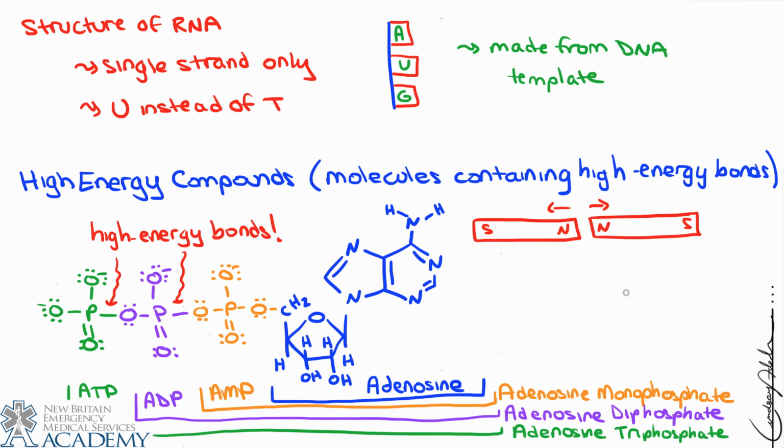So ATP is so important, and it's so important because it contains these two high energy bonds, which means that it's a super excellent energy source for the body. The body can't really utilize glucose and oxygen directly for energy, so it just converts them into ATP and then uses the ATP over and over again.